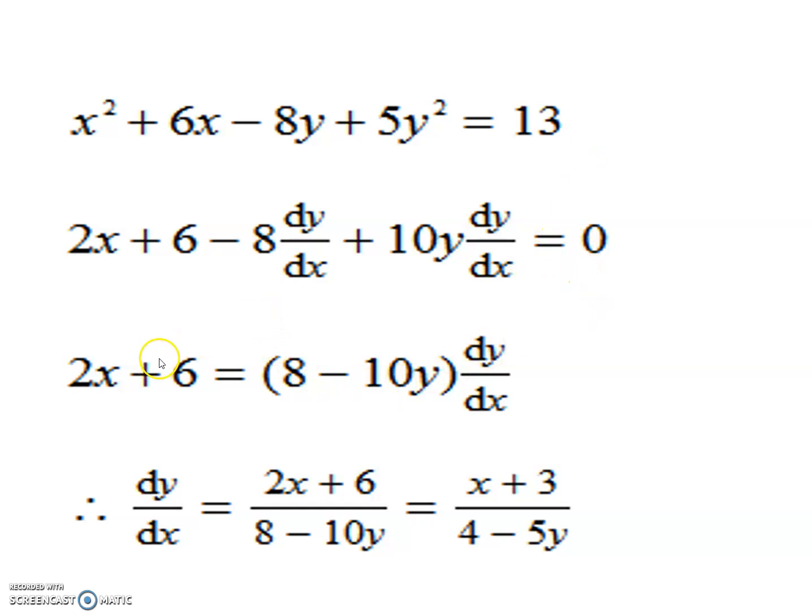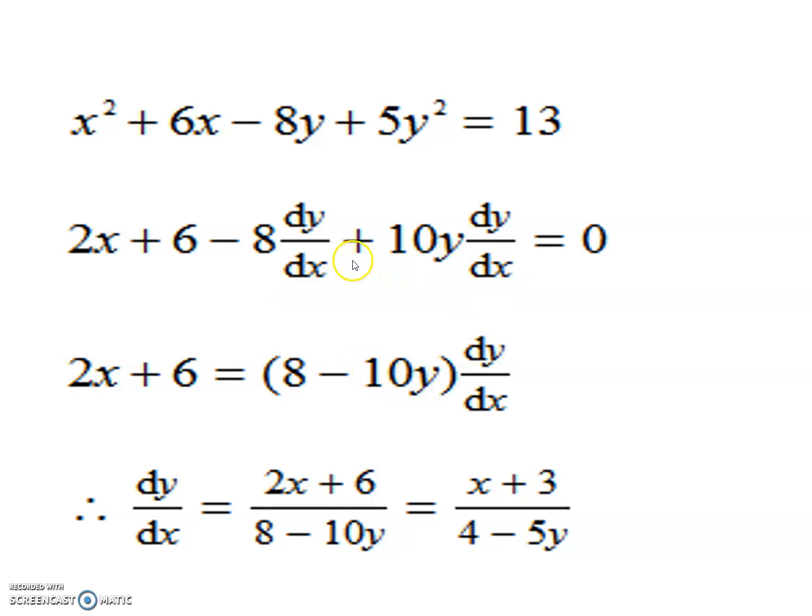Now we have 2x plus 6 is equal to, now the equating part is there. We have to take dy by dx common, and the minus sign is also common. Minus in bracket 8 plus 10y.